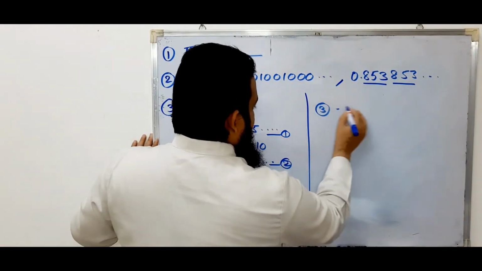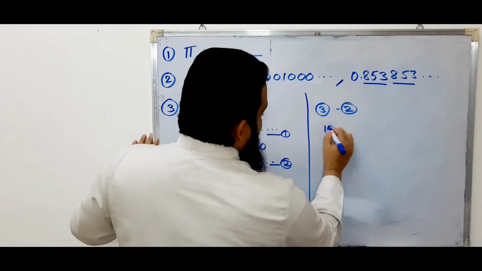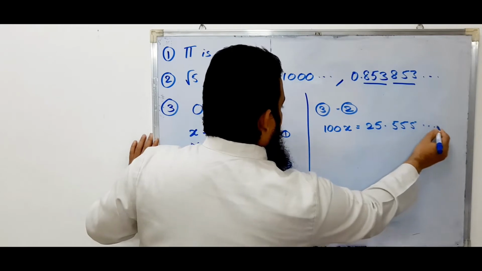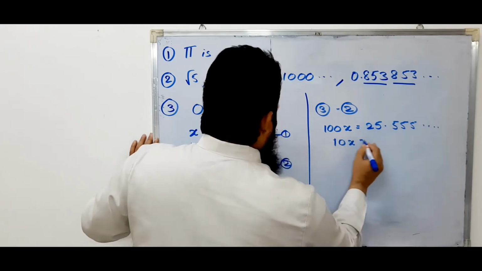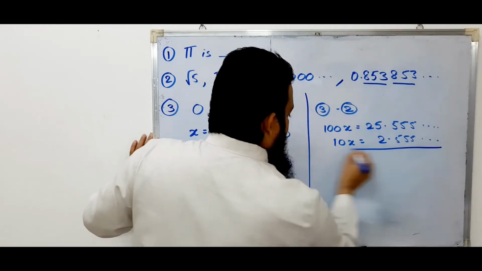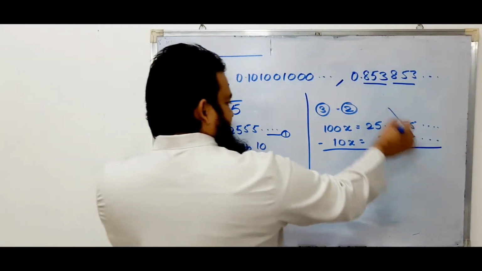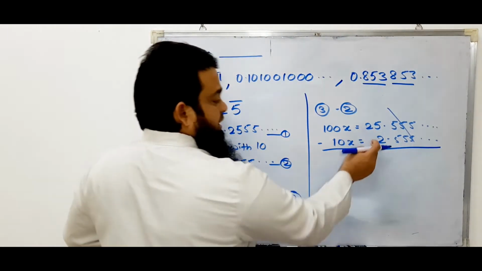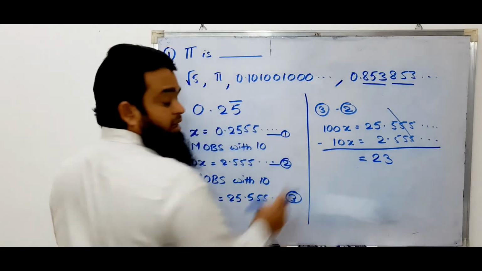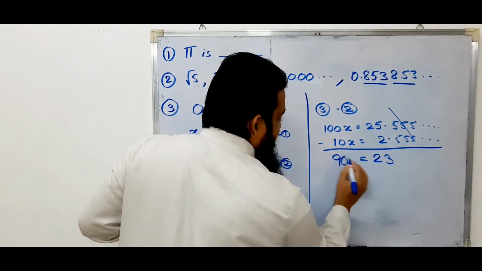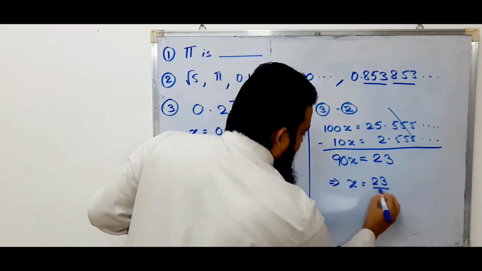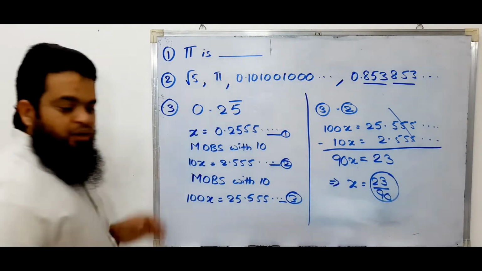So 100x equals 25.555 and 10x equals 2.555. Subtract, so the decimal part will get cancelled. 25 minus 2, it's 23, equals 100x minus 10x, 90x. So implies x equals 23 by 90 is the option, right?